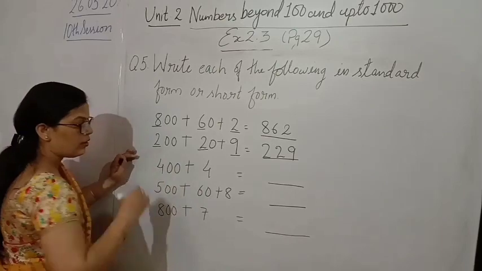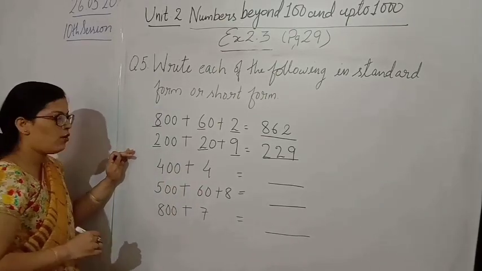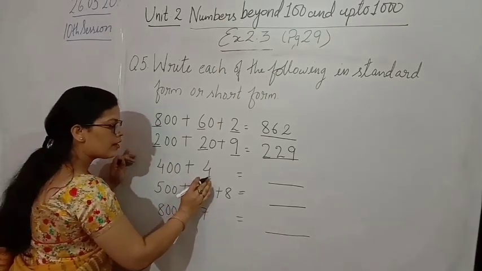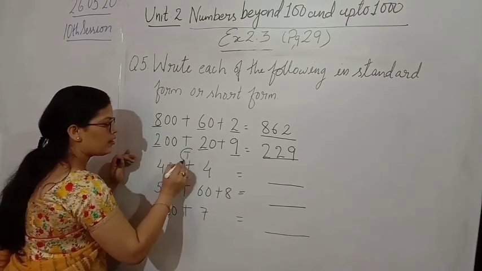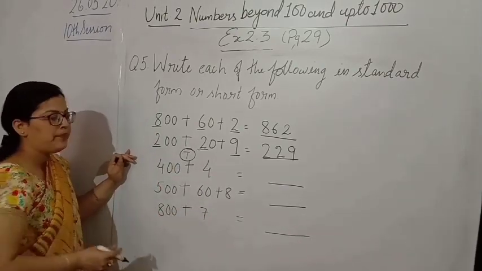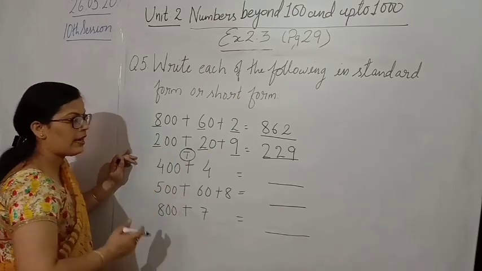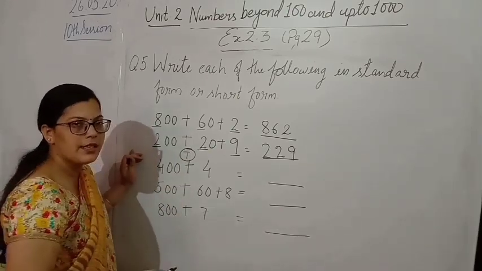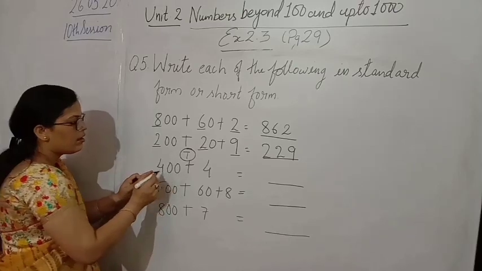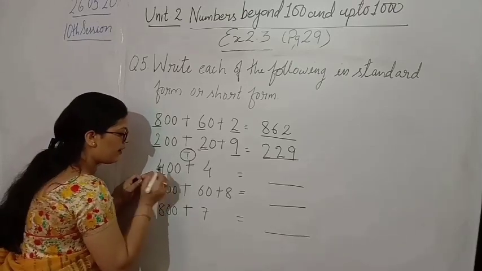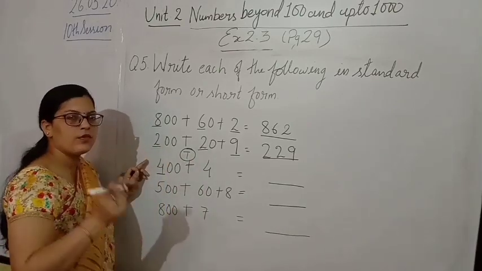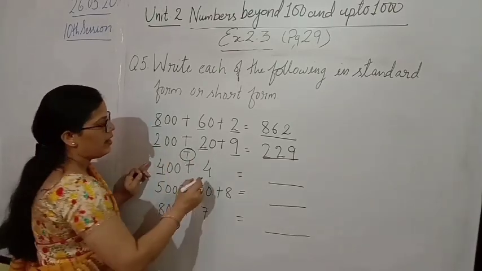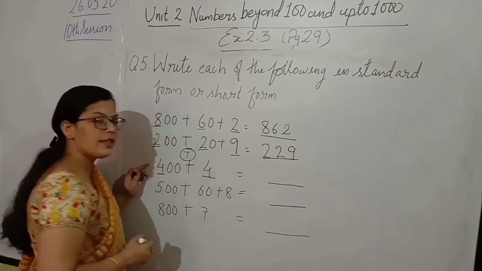Now here only two numbers are given in expanded form: 400 plus 4. So which place is not given? The tens place is not given. The place which is not given, at that place we will write 0. So the face value of the hundreds place is 4, the tens place is not given so we'll write 0 at the tens place, and the face value of the ones place is 4.